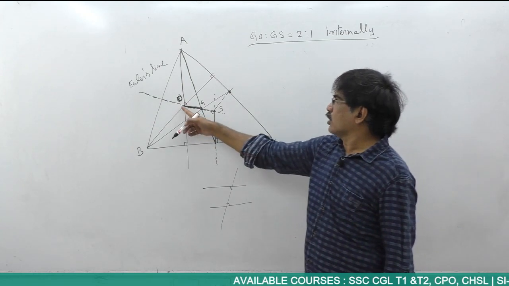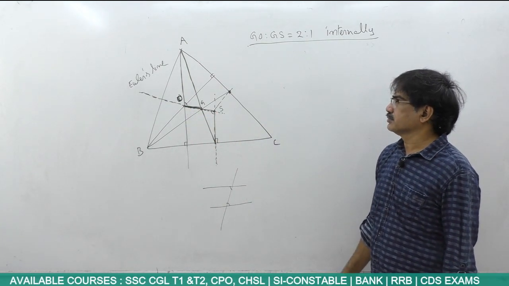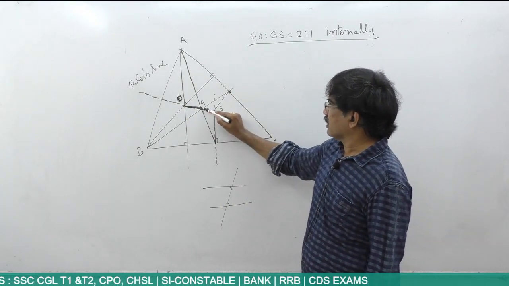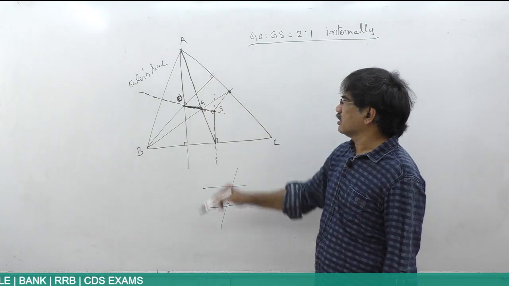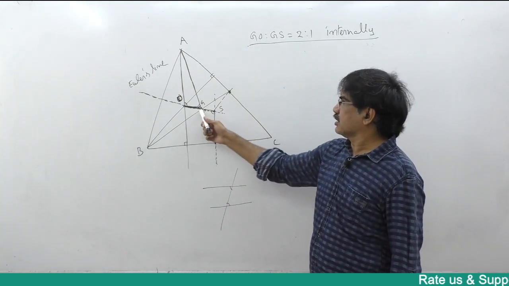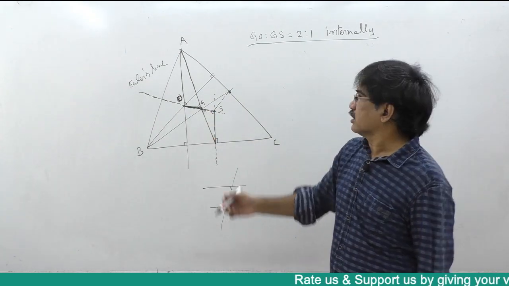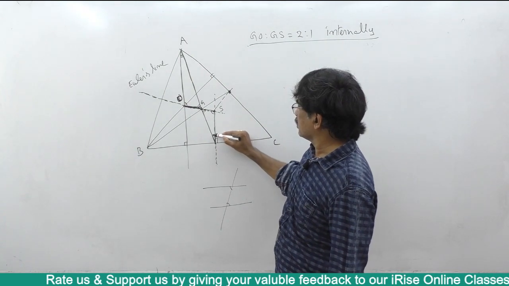In this, angle O is equal to angle S. Next, at G, vertically opposite angles are equal. This angle is same as this angle. So if two angles are same in two triangles, automatically the third angle is same as the third angle here.